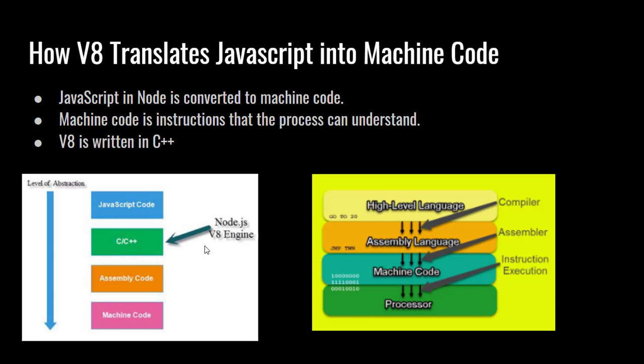Again, behind the scenes, they're doing all this compiling and translating down, but never would we be working in JavaScript to do these types of things. So on the right, on the high level, you have a high level language down to assembly, down to machine code, down to processor. And when we're talking about machine code, we're talking about ones and zeros, this binary stuff, that are the instructions for the processor.